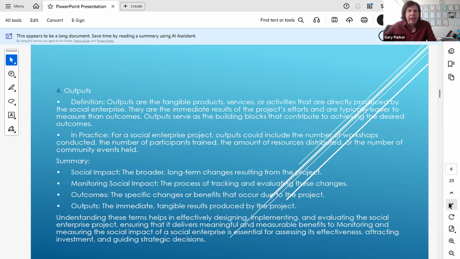If you're monitoring and measuring its social impact, it's essential for assessing its effectiveness, attracting investment, and guiding strategic decisions. It can often mean as well, if you can monitor and evaluate your social impact, it will help you get other work or new contracts or extended contracts, however you run your projects and manage them.